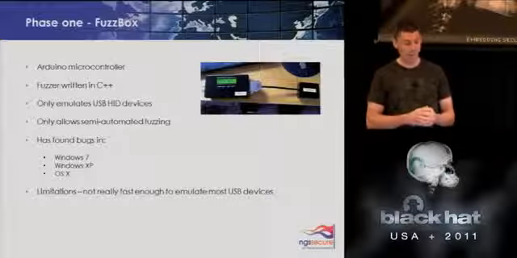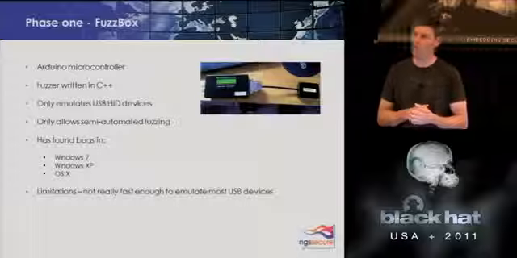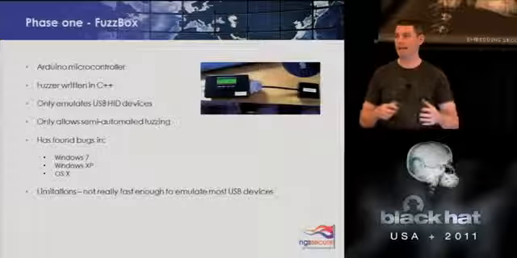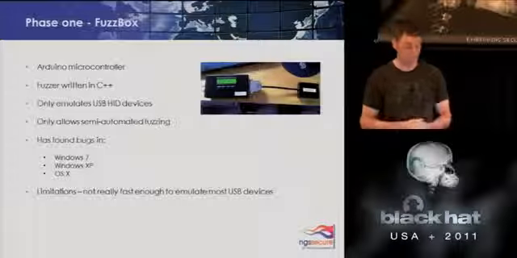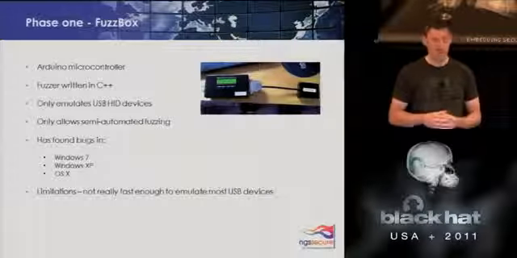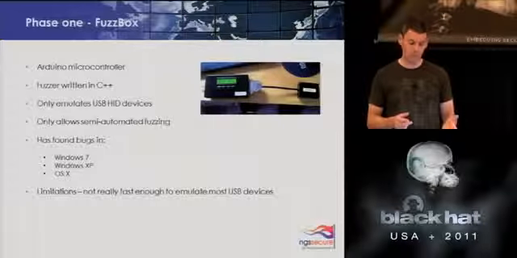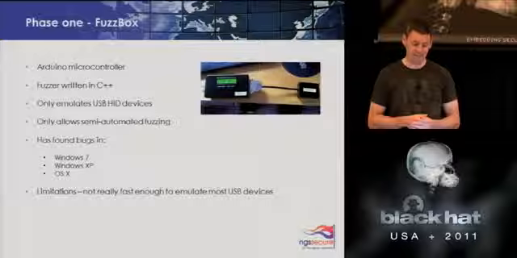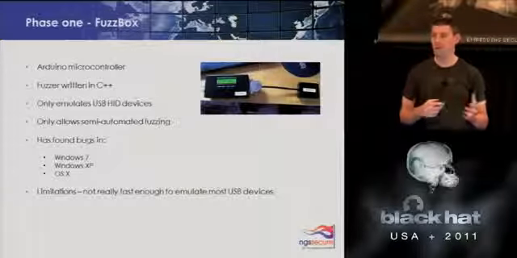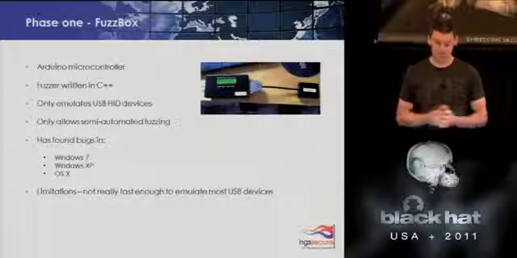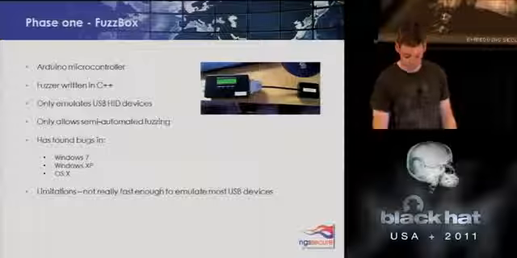Although people had done various bits of research on this in the past, they certainly hadn't used that to identify all the main bugs within these major operating systems. Having found those, I thought, well, I'm onto something here, but the Arduino approach is not necessarily the way to go if I want a platform and device independent approach. It wasn't really fast enough to emulate anything other than HID devices.